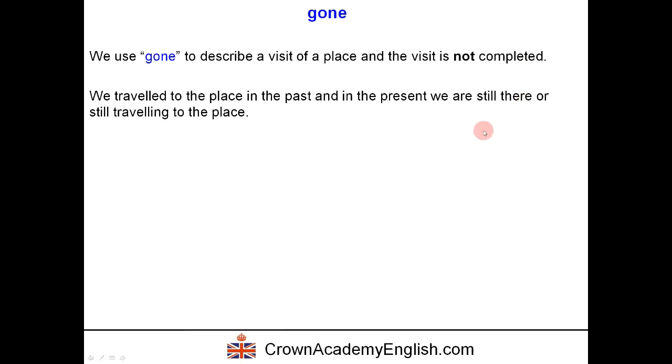We are there now. Or perhaps we are still travelling to the place if we have not yet arrived there. So we're either in the process of still travelling to the place or we're already there. But the visit is not complete. Okay, can you see the difference now between gone and been?